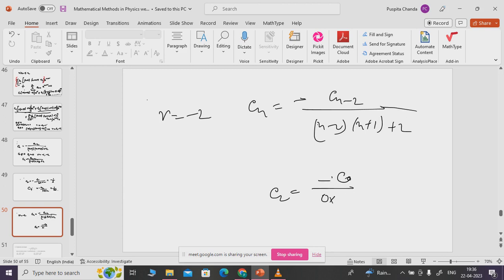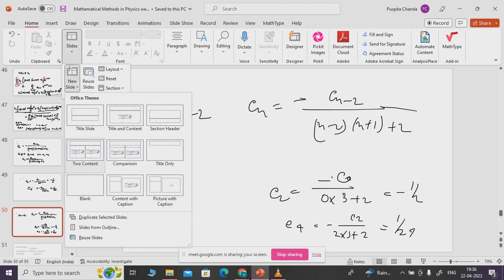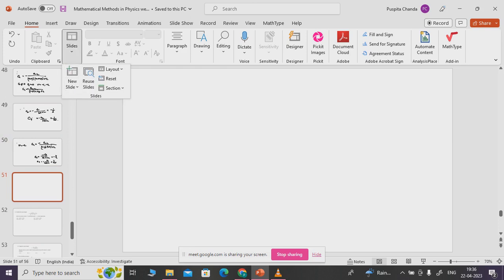So C2 becomes minus C naught over 0 into 3 plus 2, which is minus half. C4 becomes minus C2 over 2 into 5 plus 2, which is 1 by 24. So we get different values of C2 and C4 when r is equal to minus 1 and r is equal to minus 2. We need to add both of these.